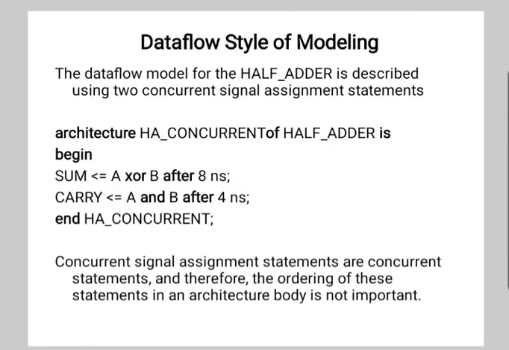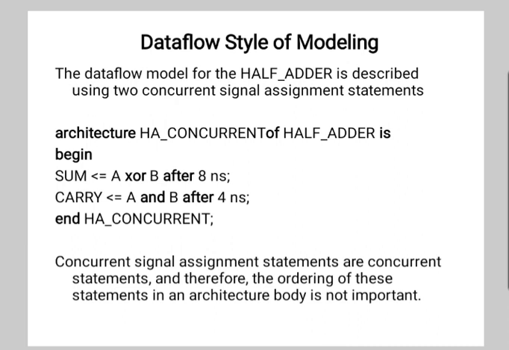Next is the data flow style of modeling. The data flow model for the half adder is described here using two concurrent signal assignment statements. So data flow modeling is based on concurrent assignment statements.